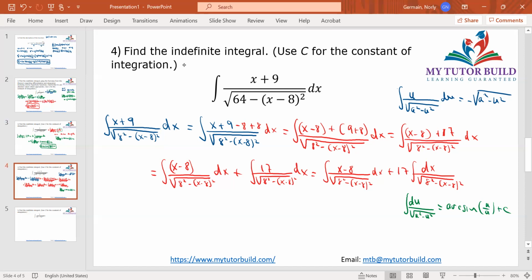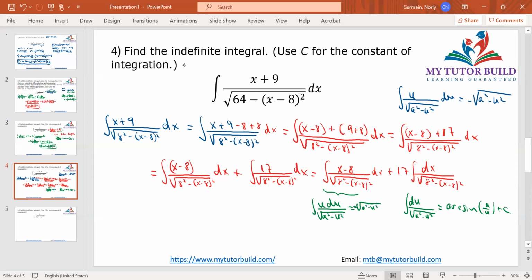And we know also for something like this one, we can have u du over square roots of a square minus u square. We can also have negative square root of a square minus u square.